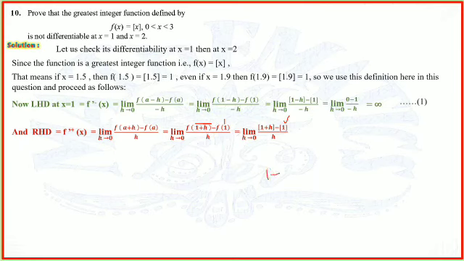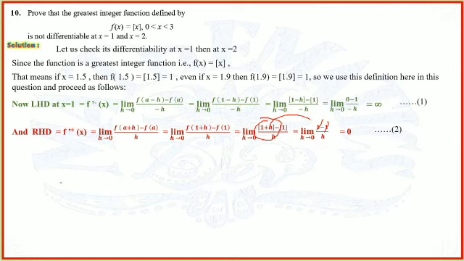But 1 plus h means, for example, if we have taken h is equal to 0.1, then 1 plus 0.1 will be equal to 1.1, which is nothing but equal to 1 only. So its value is 1 minus 1 upon h. 1 and 1 cancel, so 0 upon h is 0, which is equation number 2.